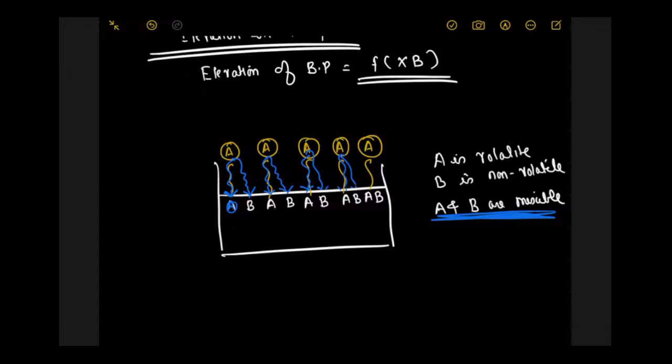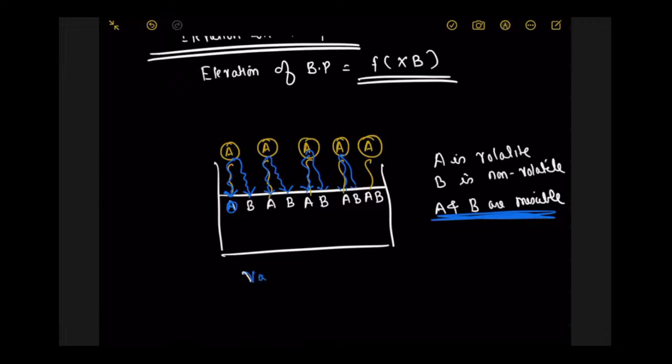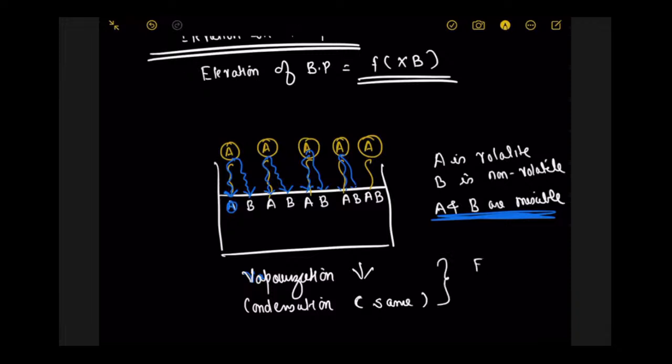But the vaporization process is decreased. Fewer vapor molecules are forming. So as vaporization decreases, condensation is the same. This is the reason there will be elevation in boiling point.